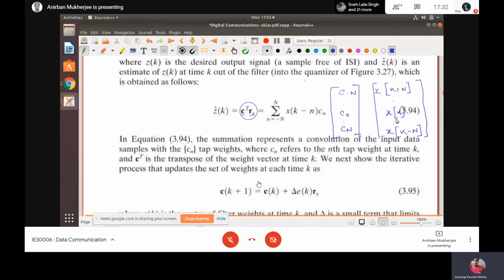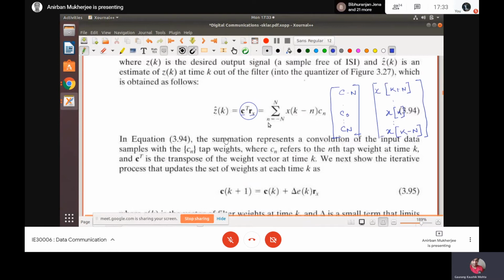Now you see that x_k is the current signal. x_{k-n} is the n unit delayed signal. x_{k+n} is the n unit advanced signal. So the advanced one is at the top and the delayed one is at the bottom. C_n x_{k-n} is some sort of a convolution, so we have to write Rx in this way; if you do it the opposite way, it will be different.